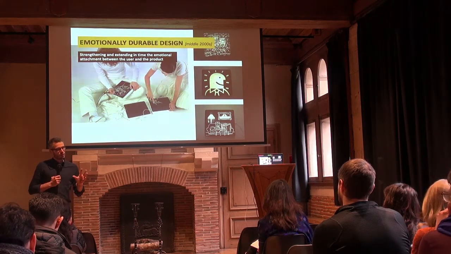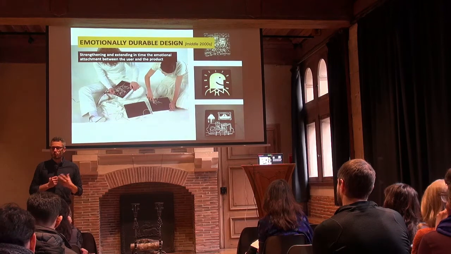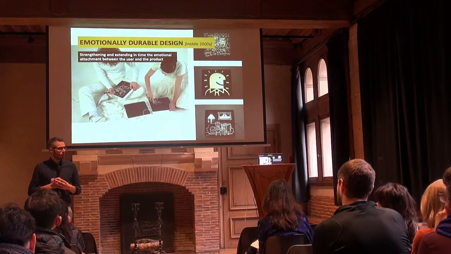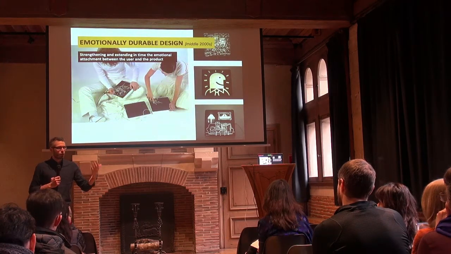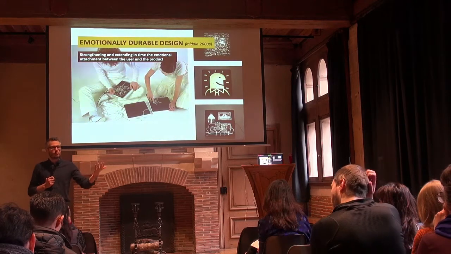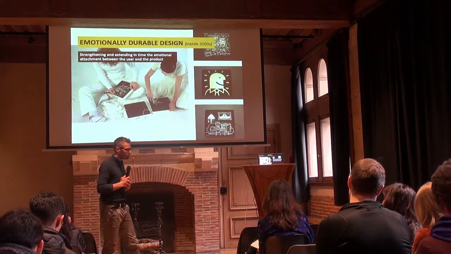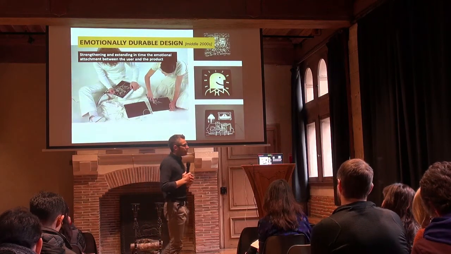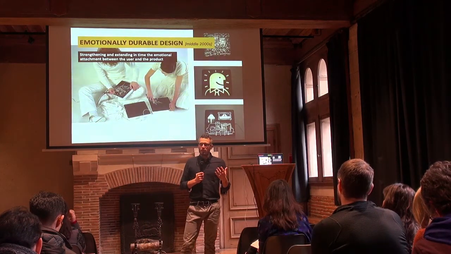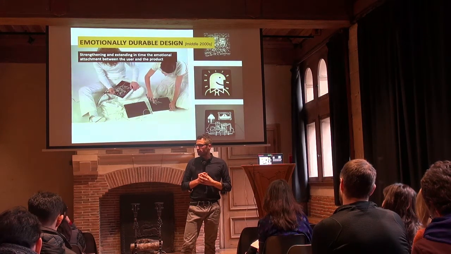So the first part of the research was aimed at understanding the product meanings that can affect emotional attachment. Self-expression, group affiliation, memories are examples of important product meanings that can enhance product attachment. And then several researchers have started developing guidelines to support designers.